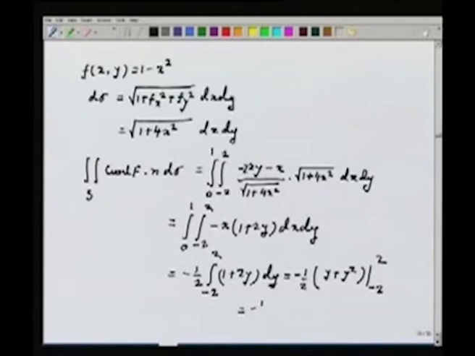So I get minus half, then 2 plus 4 minus, minus 2 plus 4. So these two 4's cancel each other. What I get is minus 4 by 2, which is minus 2. So the left hand side in Stokes theorem in this particular case turns out to be minus 2.